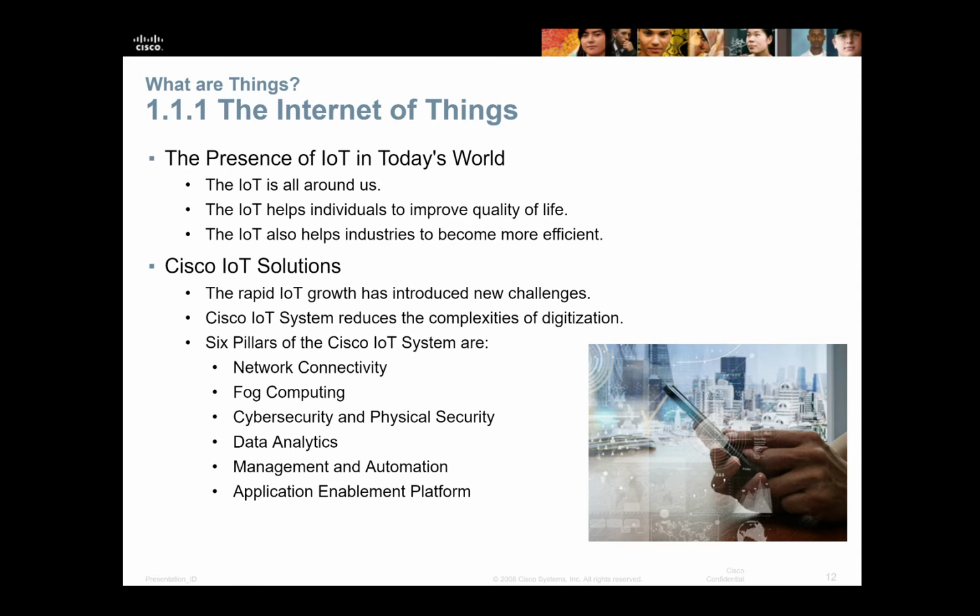I would say ease it up a little bit. So buy gadgets to make your life easier. I don't know if it actually improves quality of life. But then IoT helps industry to become more efficient, meaning, for example, now we are talking about IoT factories, connected factories.